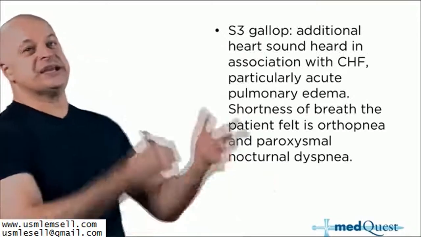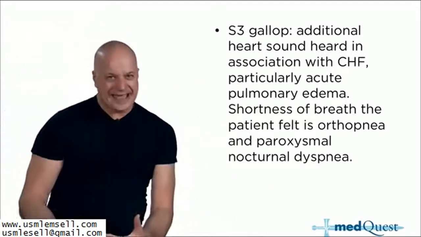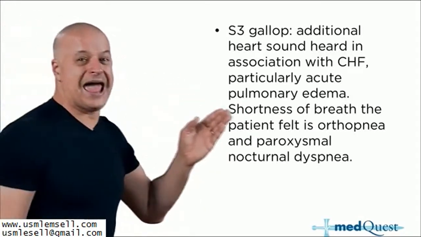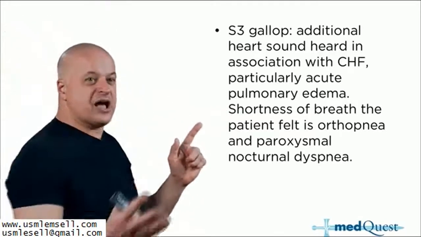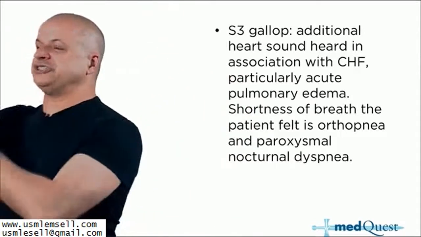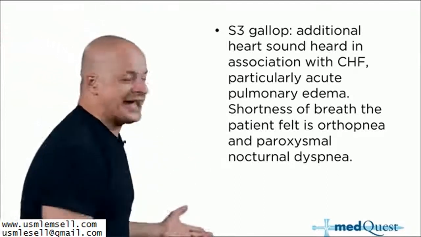The S3 gallop. We did that before, yes, but it's different based on the case. The S3 gallop is the additional sound of rapid ventricular filling. The mitral valve opens, the blood rushes into the ventricle, and it hits with a splash.